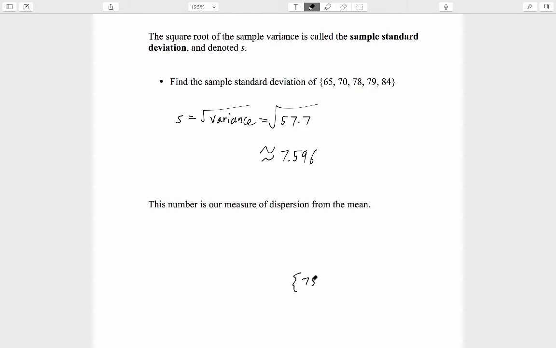What if you had a data set that just consisted of 75, 75, 75, 75, 75? Well, then the mean would just be 75, and the deviation from the mean for each of these 75s would be 0. We'd be computing a lot of 75 minus 75 squared, which would also be 0. We'd be adding up a bunch of zeros, and we would end up with 0 for the variance and for the standard deviation as well.